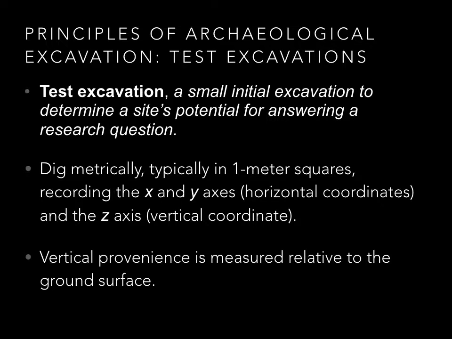But a lot of archaeologists don't do that. For example, they'll tell the excavators that your ground surface is, say, 30 centimeters below datum level. And so when they record their data from their excavation, they'll add 30 centimeters to whatever the depth is. And so they'll be recording depth below datum.